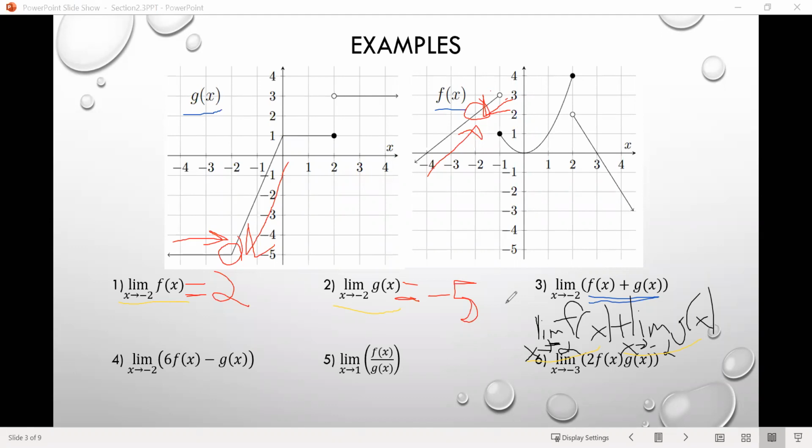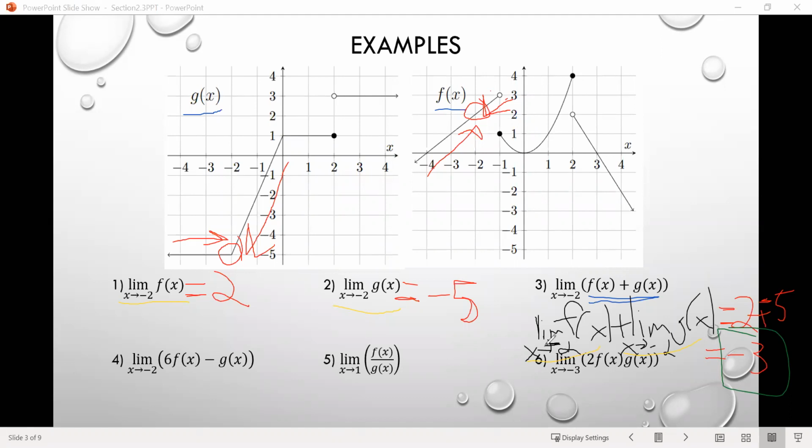So instead of writing limit of f of x, we can write what that is equal to, which is 2, plus the limit of the second thing. So as x approaches -2 of g of x, well, that was -5. So we're looking at 2 plus -5, which is -3. So our limit here as x approaches -2 of f of x plus g of x is -3.